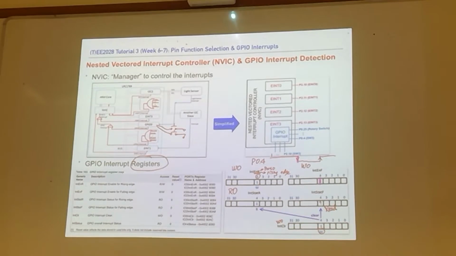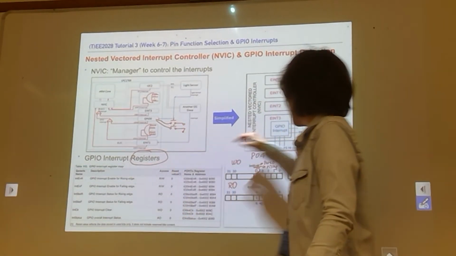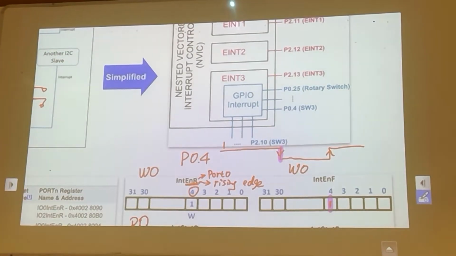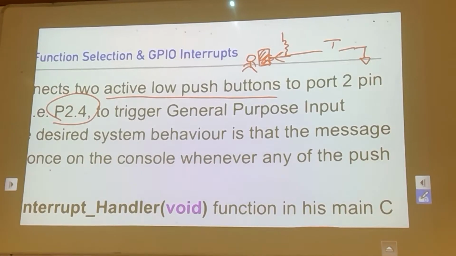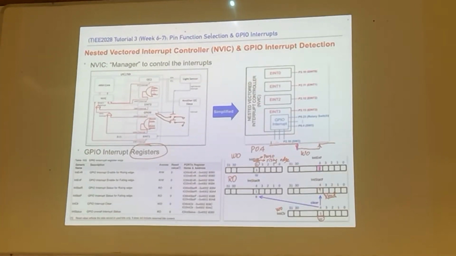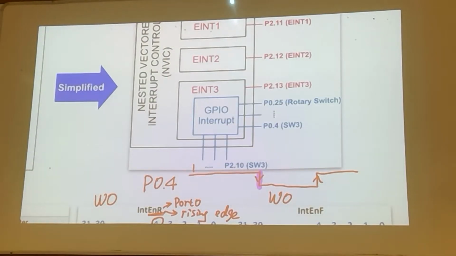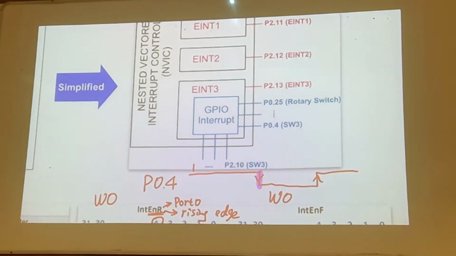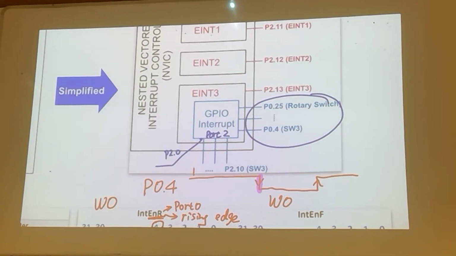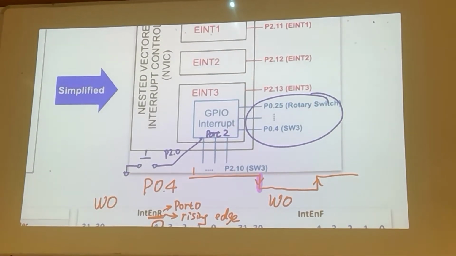So go back to our question. You have 2 push buttons here and here. If I'm using this figure, let me see my question. P2.0 and P2.4, right? So you can imagine, here is my port 0, so this side will be my port 2. I have P2.0, and I can imagine here is connecting to one of the push buttons.